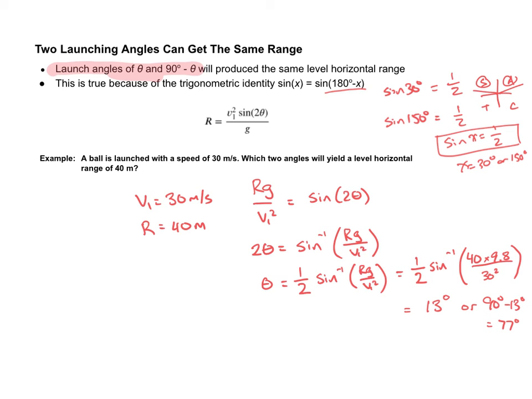If you want, you can always check by calculating the range again. So I go 30 squared times sine of 2 times 77, over 9.8. And we'll just check and see if this gives me 40, which is supposed to be the range here.